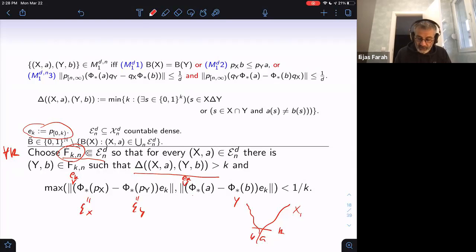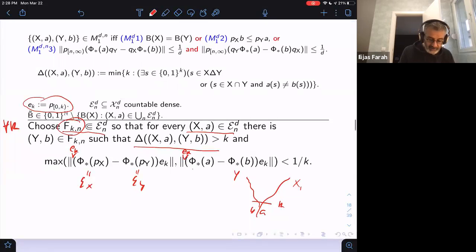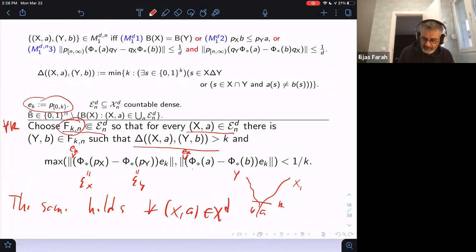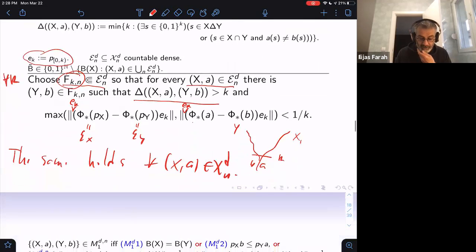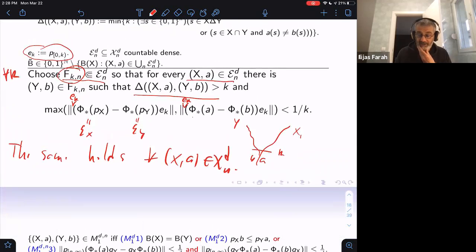Now, I was just asking for XA in EDN, but the same holds for every XA in XDN, because EDN is dense in it. So I'm just using density of EDN for that. So in some sense, these FKNs are controlling what is happening with my set.